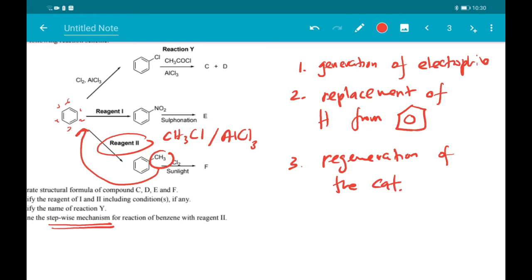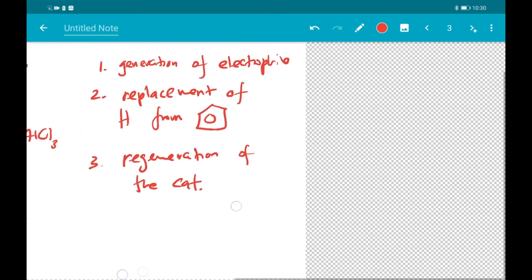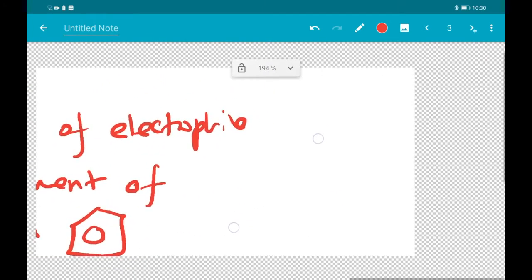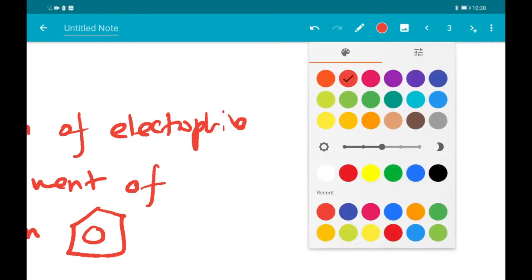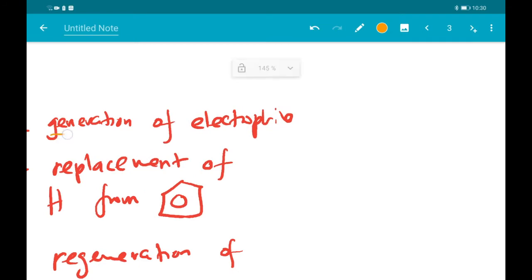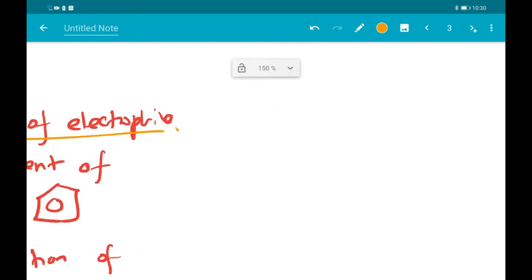So let's take a look at the mechanism. First and foremost, let's go for the first step, which is the generation of the electrophile. We already know the structure is benzene.